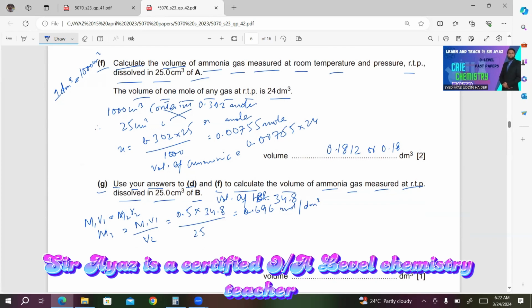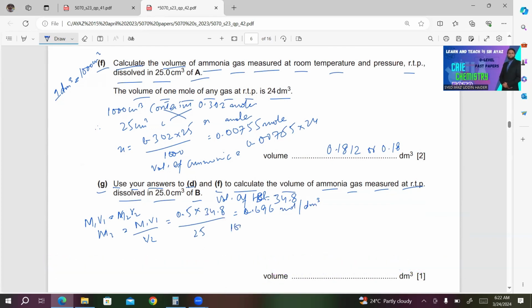So you'll write 1000 centimeter cube contains 0.696.